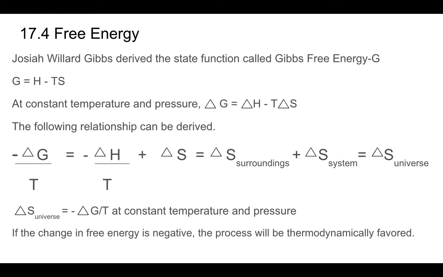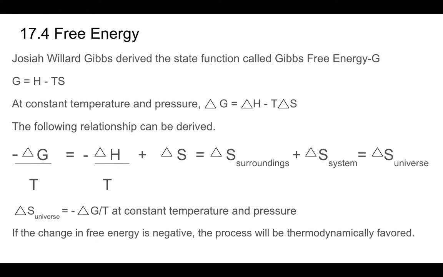So the left side would look like negative delta G over T, and that would equal negative delta H over T. And because we divided by negative 1 over T, the T's cancel in the last term, and you would just have positive delta S. And all of these would be for the system.